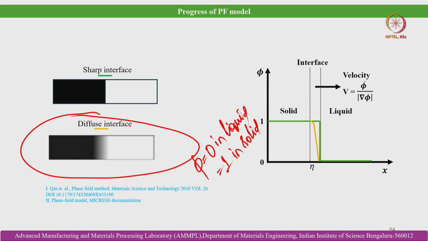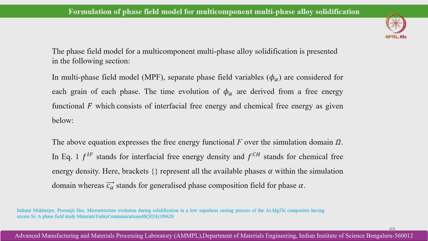The phase field model for a multi-component multi-phase alloy solidification is presented in the following sections. In the multi-phase field model, separate phase field variables phi_alpha are considered for each grain of each phase, and the time evolution of phi_alpha is derived from a free energy functional F, which consists of interfacial free energy and chemical free energy as given below.